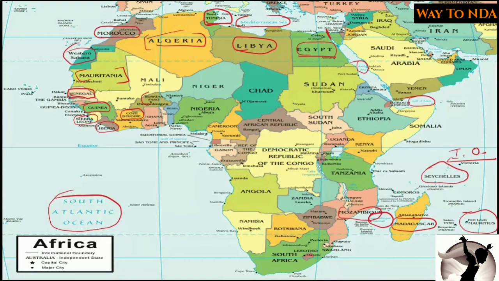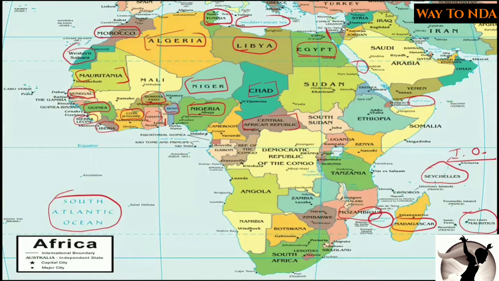Here you will find Burkina Faso, this is Ghana, this is Togo, the small country, and this is Benin, and here is Niger, and here is Nigeria, and this is Chad, and this is Central African Republic.